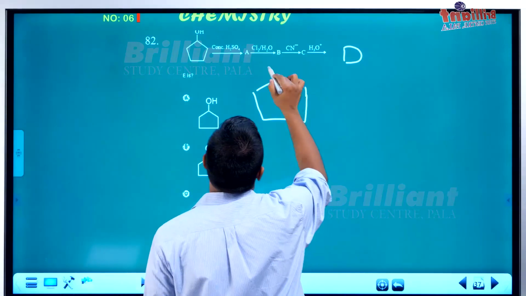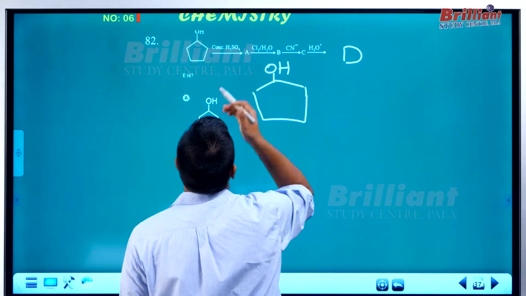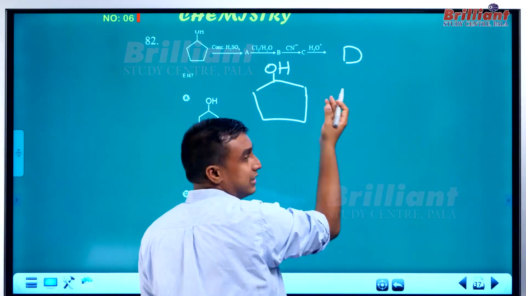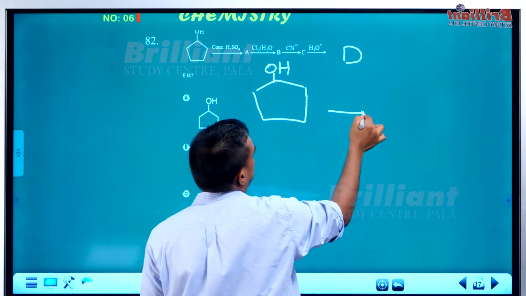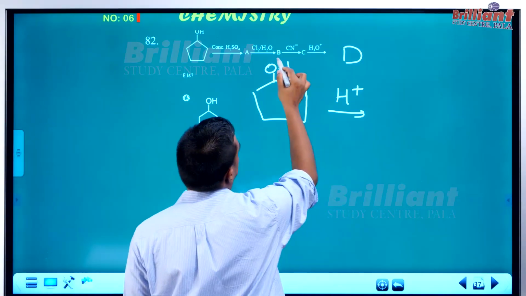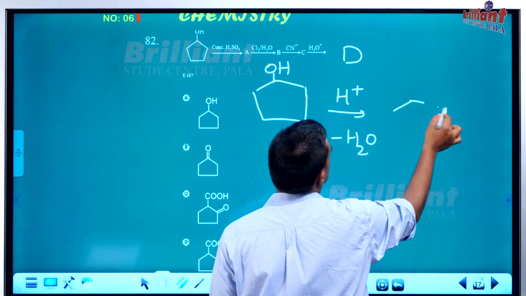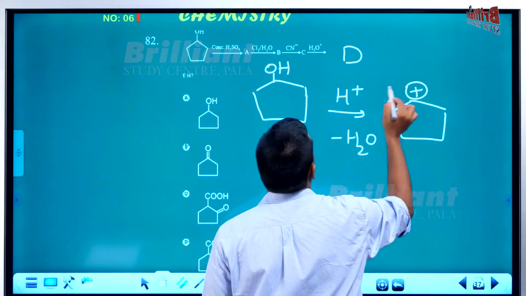Here, when I'm using concentrated H2SO4, the only logic is that there is no water or very little water. So this H plus will protonate here, and H2O will go as the leaving group. So minus H2O and I will get the carbocation.